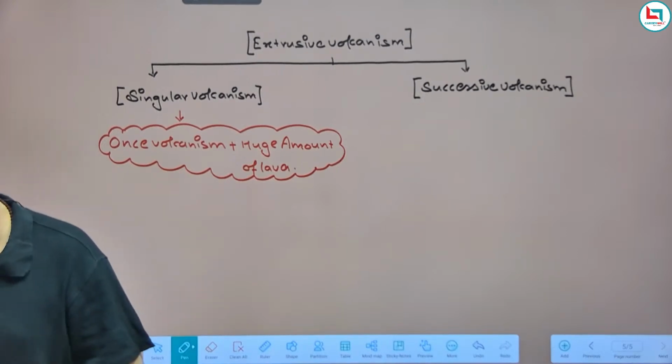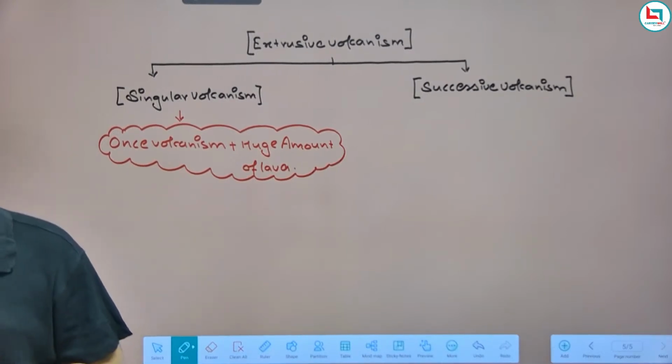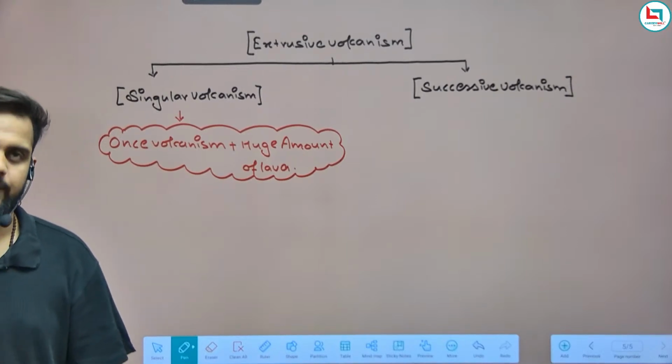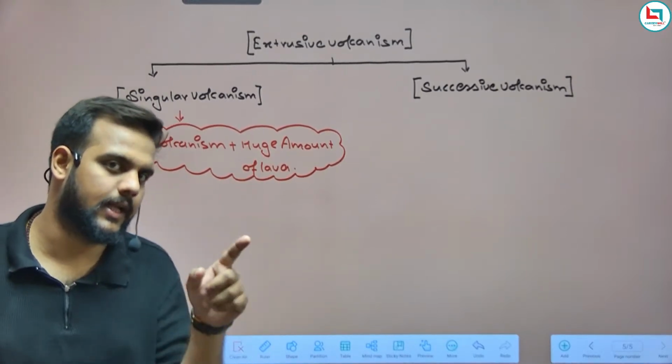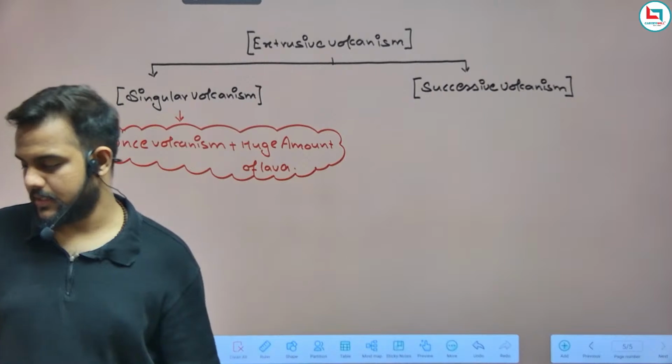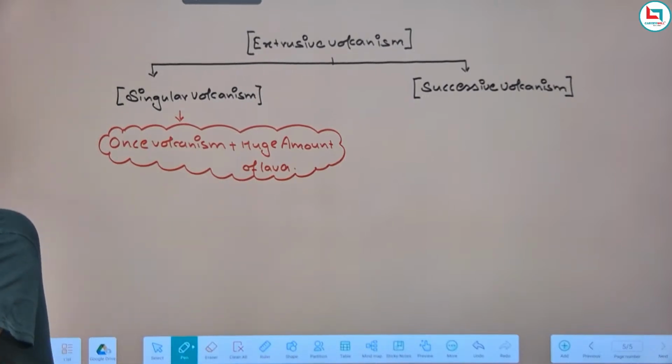Let me give you the example. The example is Mount Krakatoa. It erupted in 1839. Guys, it was a single and the biggest eruption in the history of the world. It is an island of Indonesia, and when the eruption happened it was heard till England.